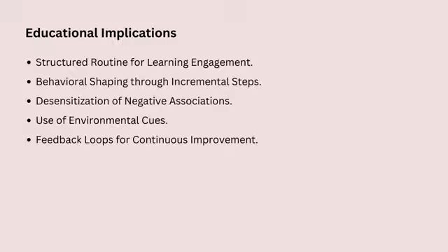Next, let us discuss behavioral shaping, which means encouraging desired behavior step by step. Watson believed behaviors could be built gradually by reinforcing small steps toward a bigger goal. For example, if we want a student to become confident in public speaking, we don't ask them to give a full speech right away.